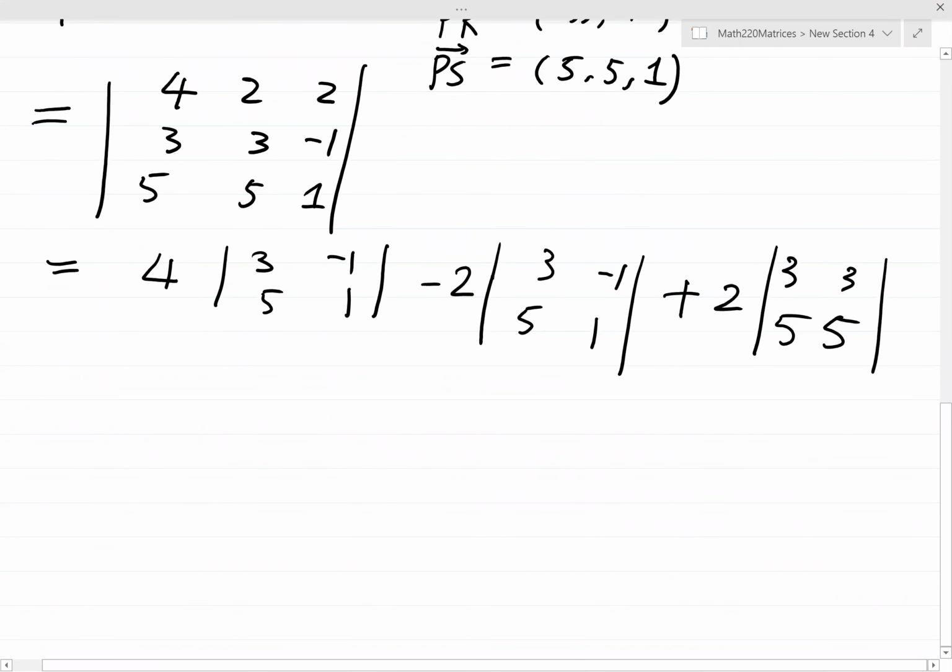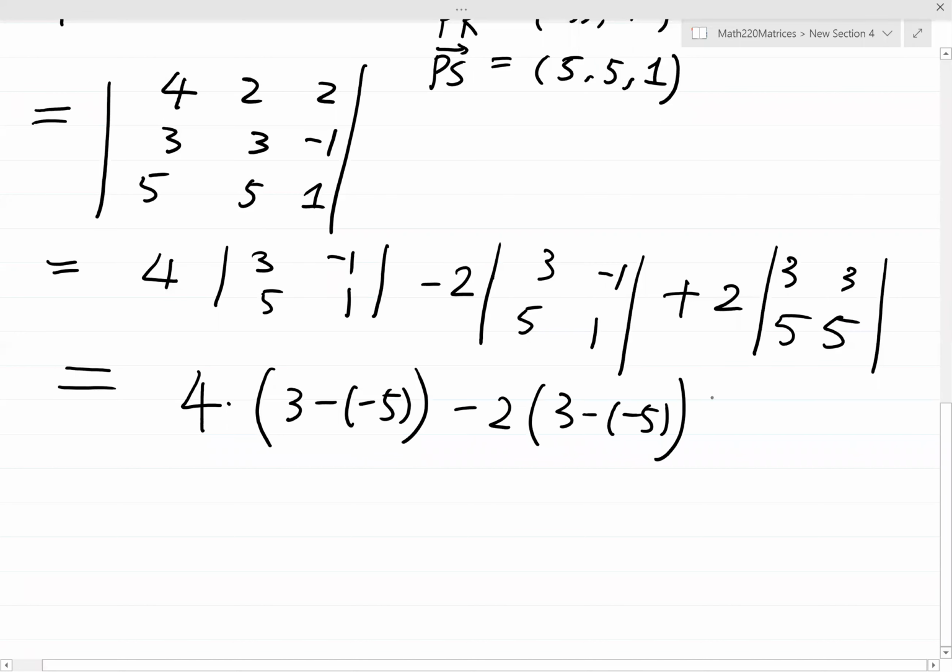Then we evaluate the determinant. We get 4 times (3 minus negative 5) minus 2 times (3 minus negative 5) plus 2 times 0. So this is 4 times 8 minus 2 times 8 plus 0. So we get 16.